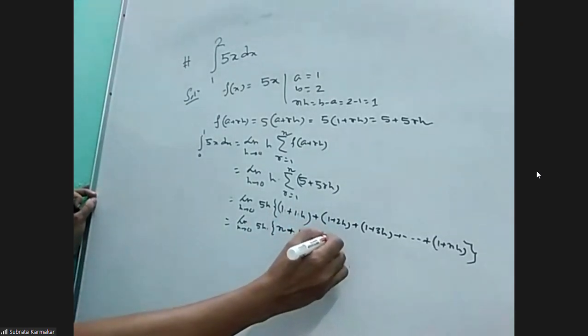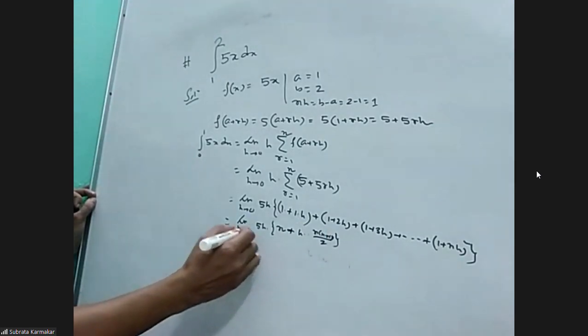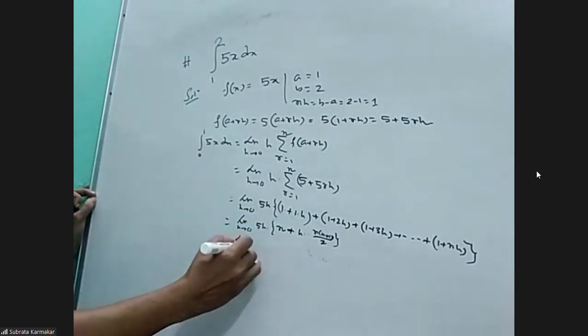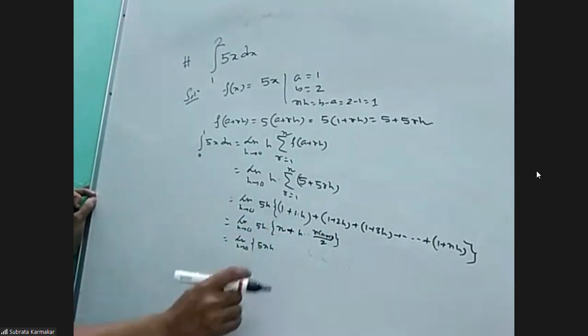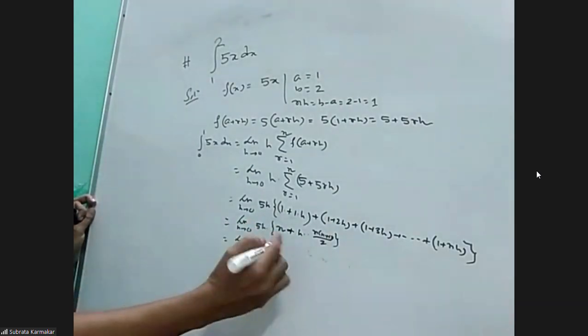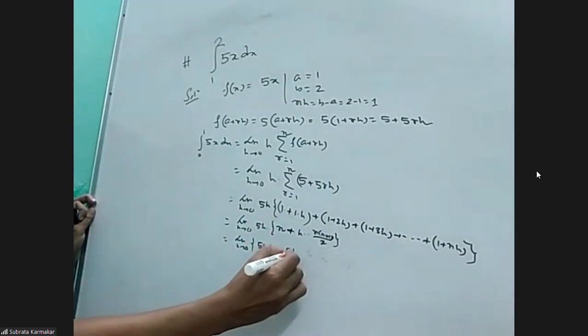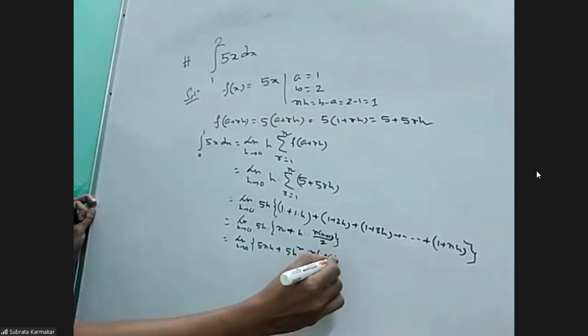Now if you multiply, limit h tends to 0, 5 into h, suppose by 5 I am multiplying, then what will you get? 5h square, n into n plus 1 by 2.